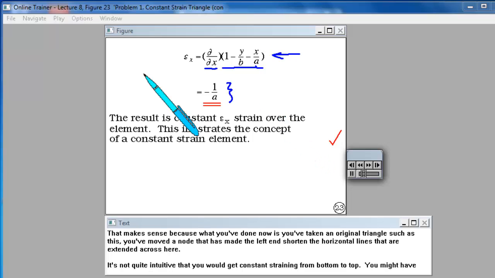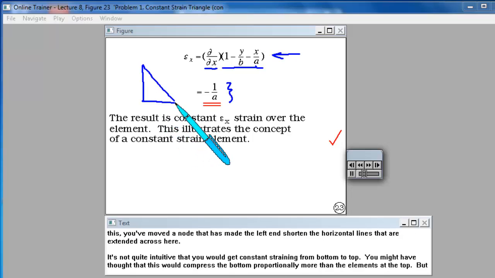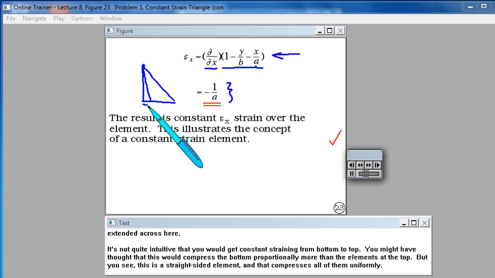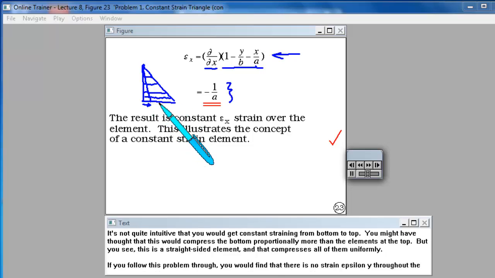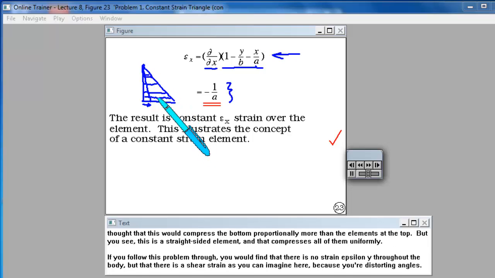That makes sense because what you've done now is taken an original triangle such as this, you've moved a node that has made the left end shorten the horizontal lines that are extended across here. It's not quite intuitive that you would get constant straining from bottom to top. You might have thought that this would compress the bottom proportionally more than the elements at the top. But you see, this is a straight-sided element, and that compresses all of them uniformly.